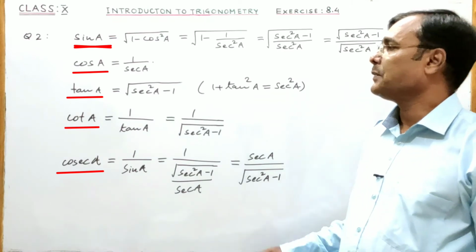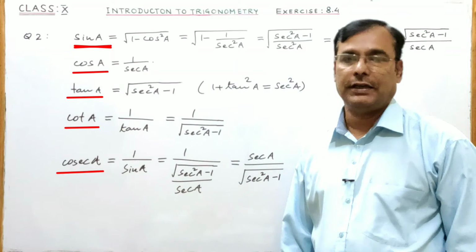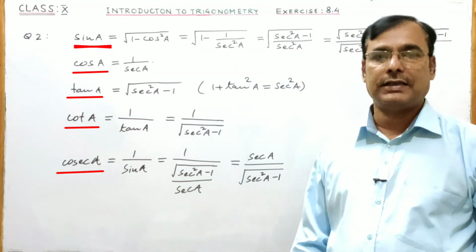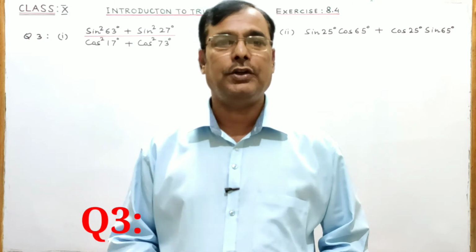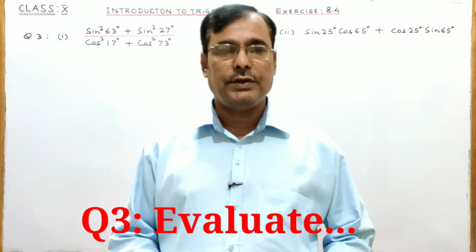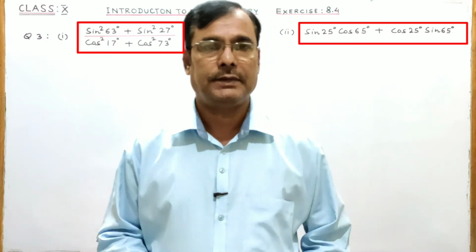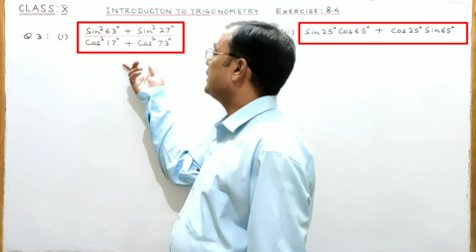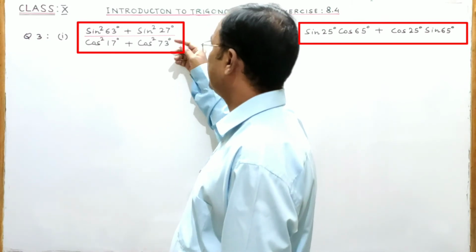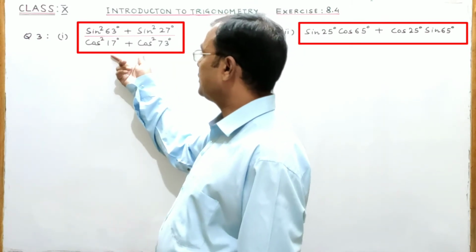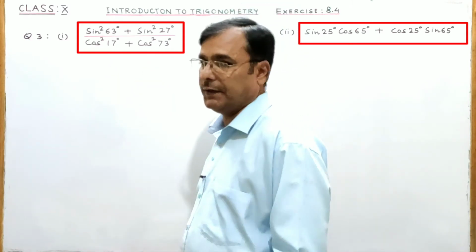So this way sin A, cos A, tan A, cot A, cosec A we have expressed in terms of sec A in this question. Question number 3, evaluate. In this question we are given two expressions and we have to evaluate them. First expression is sin square 63 degrees plus sin square 27 degrees divided by cos square 17 degrees plus cos square 73 degrees.